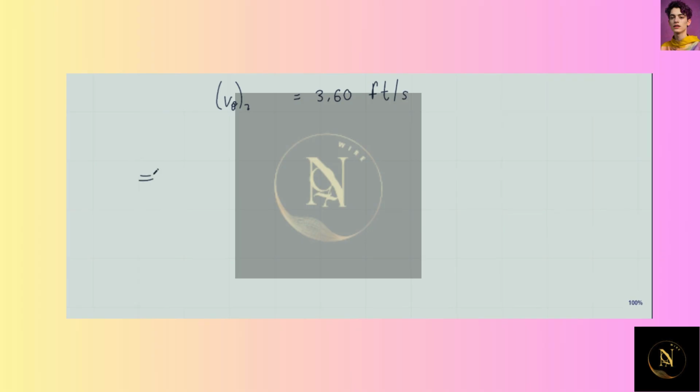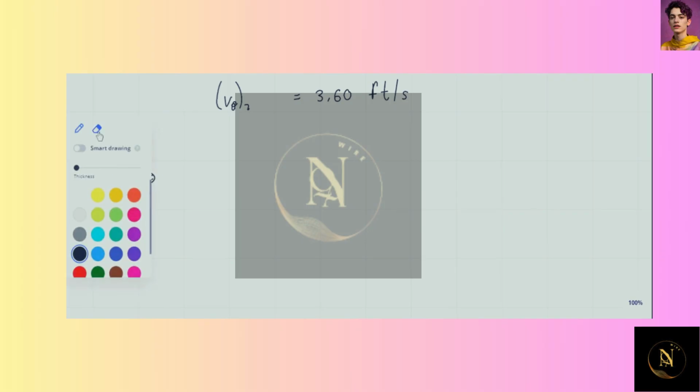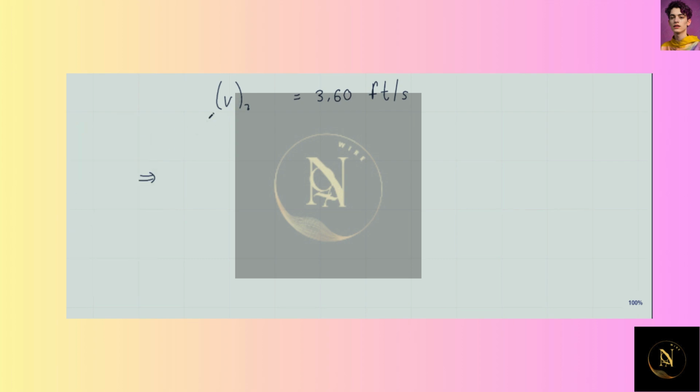Now from here, since we have V theta, we can calculate theta dot. So theta dot 2 is equal to V theta in the second state over RA. And this is equal to 3.6, which we just calculated, over 1.2. So that's 3 radians per second.